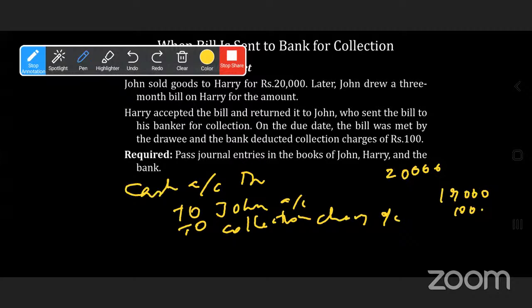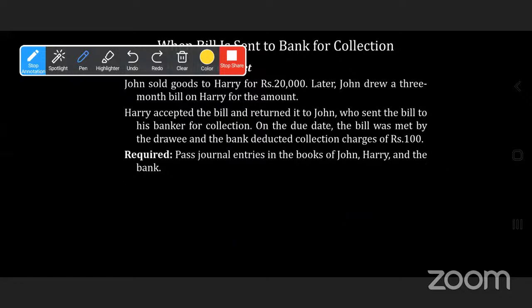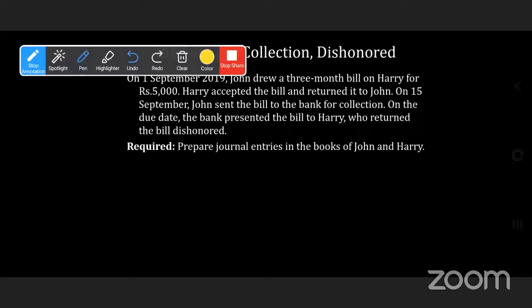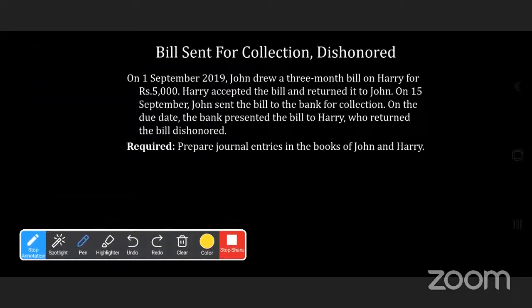Okay. Now let us see the last one, that is bill sent for collection and it is dishonored. On 1st September 2019, John drew a 3-month bill on Harry for 5,000.